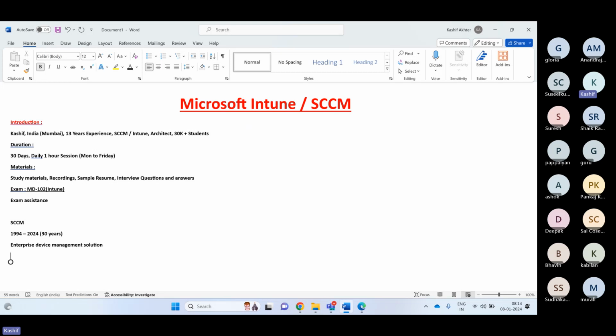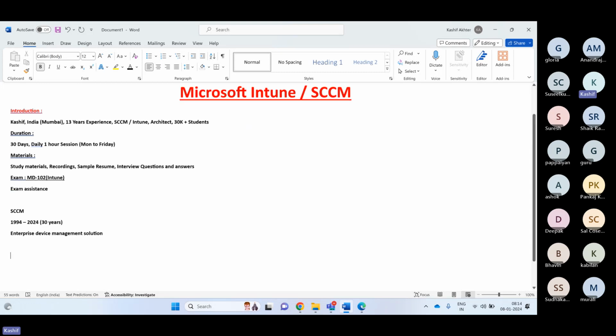Most of the people are working from home now, so most of the devices are on the internet now. After COVID-19, Intune came into the picture. Intune has been there since 2010, but it started getting implemented more and more in all organizations. So Intune is present almost everywhere. Now I'm going to talk about Intune.